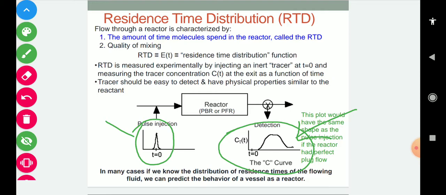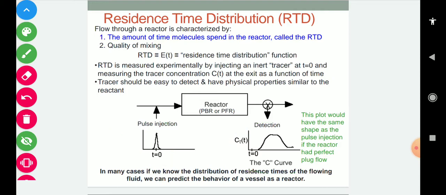But for a real reactor, in which there is some level of turbulence, due to that mixing we get something like this. Some molecules come out at a faster rate, other molecules come out at a later time or spend more time. So this graph gets flattened.